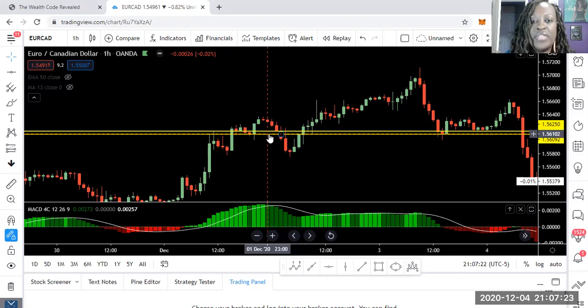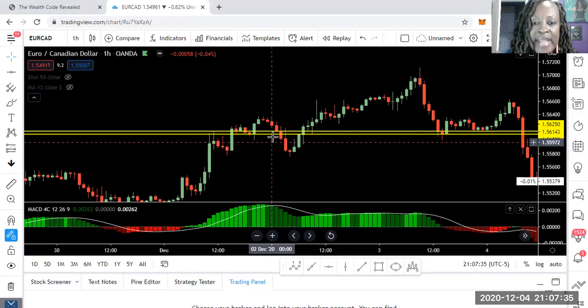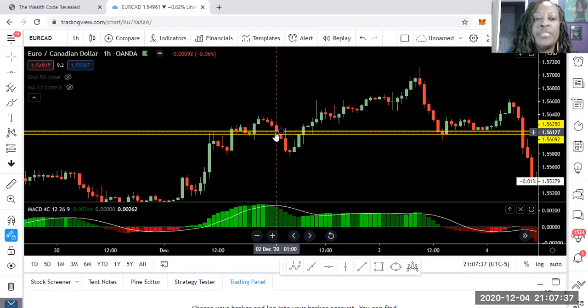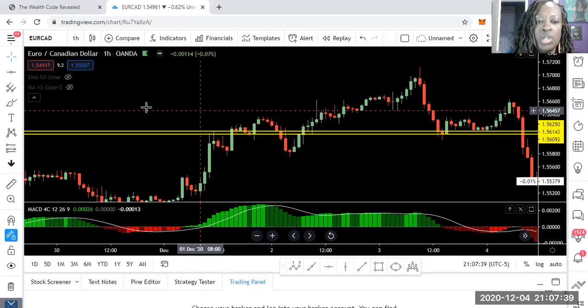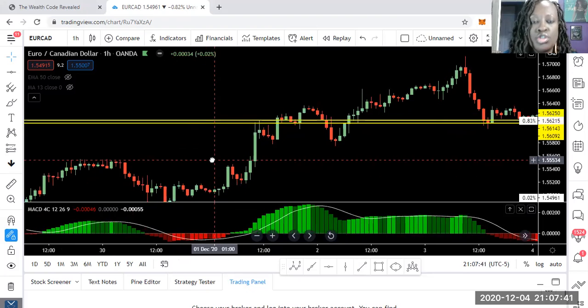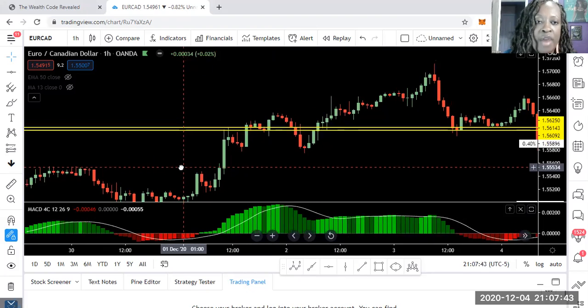So in this case, anywhere in the zone, you can put a stop order in, you can put an alert in, just be ready, basically. And when price comes back in the zone, then you look left for your previous structure to determine what your take profit will be. Now, I do teach 20 pips.